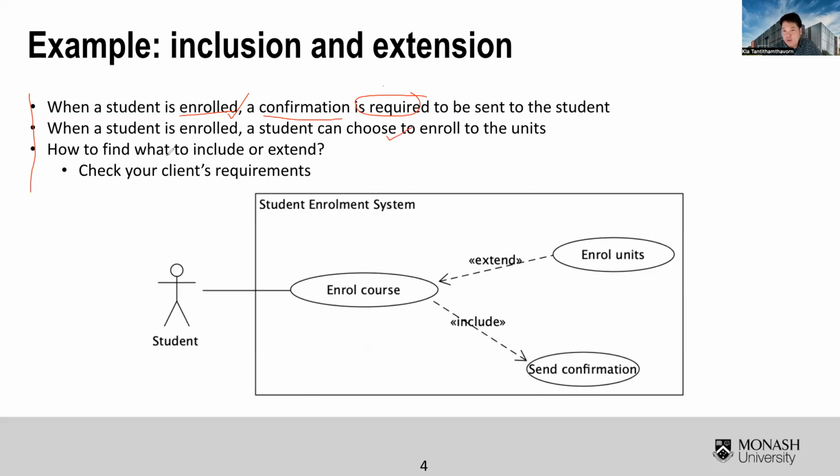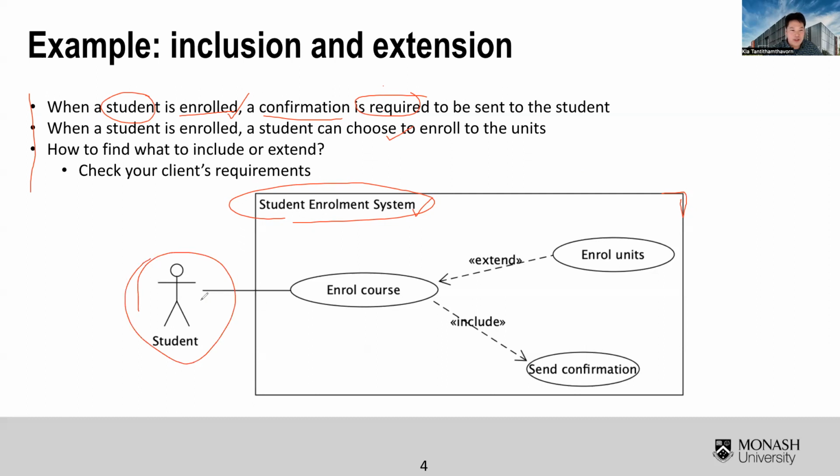So let's draw this one together. First and foremost, we need the system, the use case diagram. Student enrollment system, we have that in the square box here, okay? The first and most important actor in this case, we have only the student.